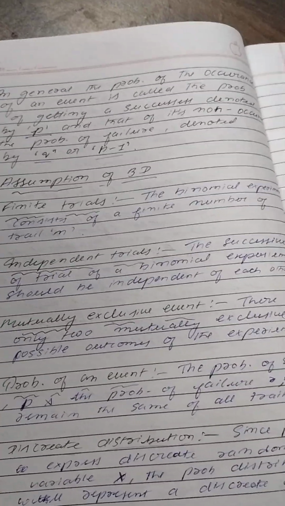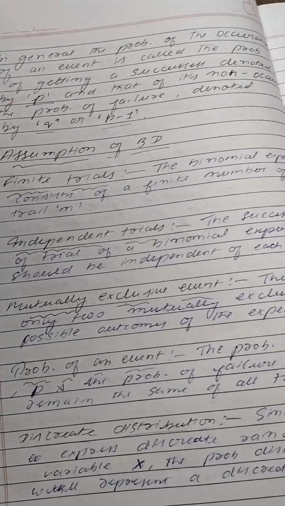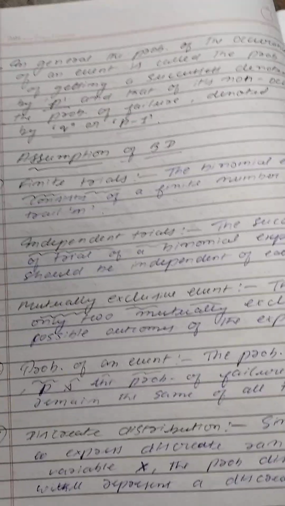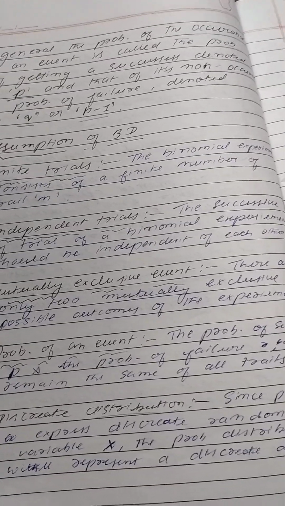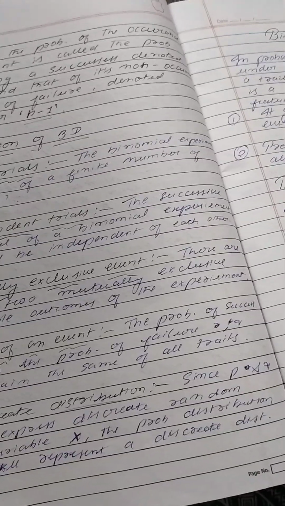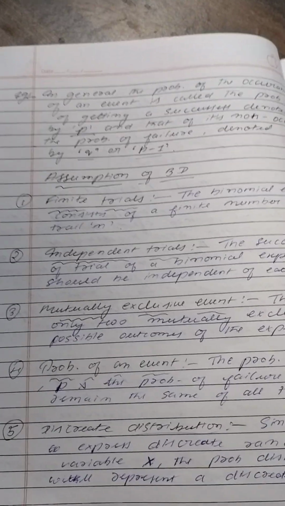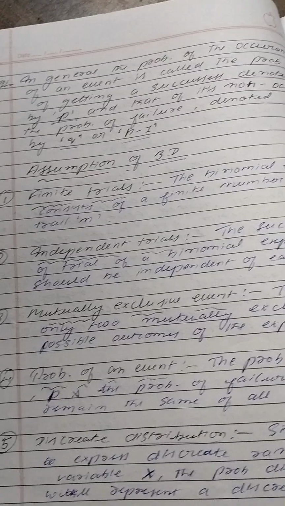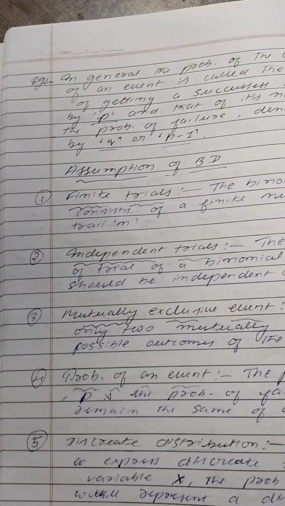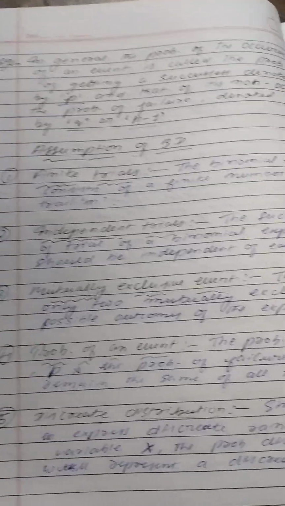We already saw the formula: if the question is based on the success and you want to calculate the failure rate, you simply subtract it from 1. The success rate is small p, by the way. So it is subtracted from 1, and automatically we get the failure rate, the probability of failure.